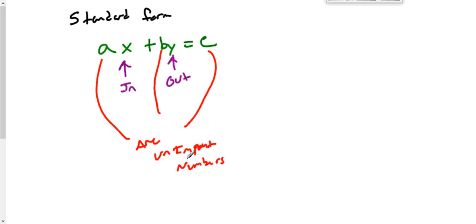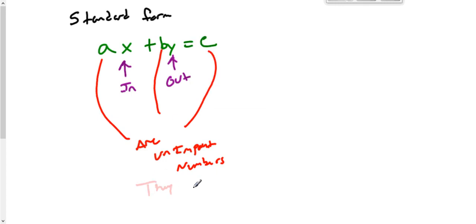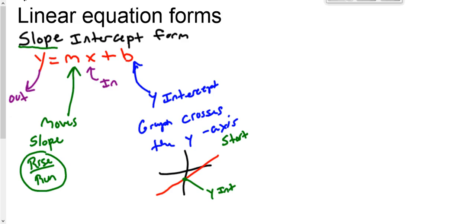They don't tell us slope. They don't tell us y-intercept. They don't tell us just a regular point. Unfortunately, they tell us nothing. And this is a form that we aren't going to use to help us build our equations. We're going to use point-slope form and slope-intercept form.